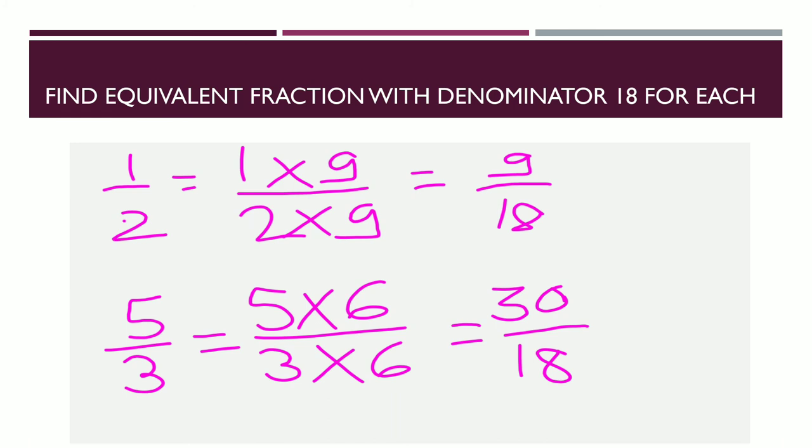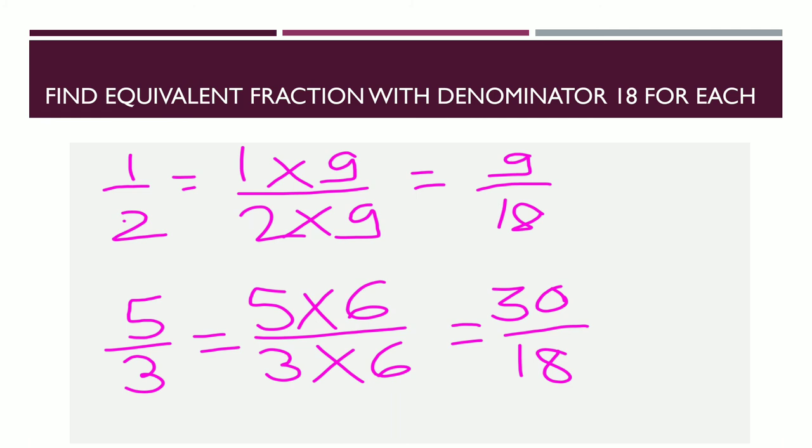So we multiplied the numerator 1 by the same number. So we get the fraction 9 upon 18.